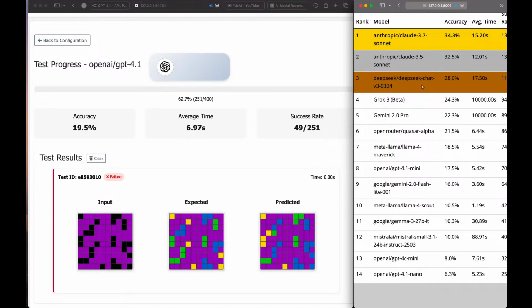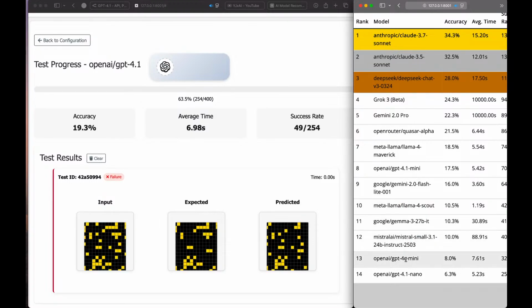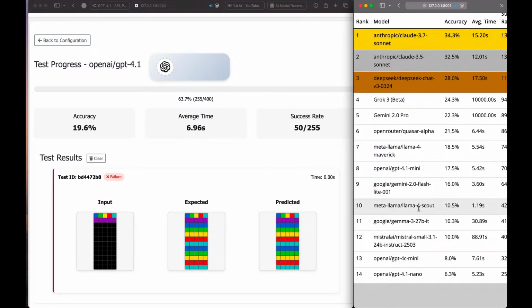I think 4.1 mini is going to be the most popular model out of the family. But its pricing is very weird. I mean, GPT 4.1 mini is 3 times pricier than all these models. You can see all these Meta Llama 4 Scout, Gemma. Compared to GPT 4o mini, it is 3 times pricier.